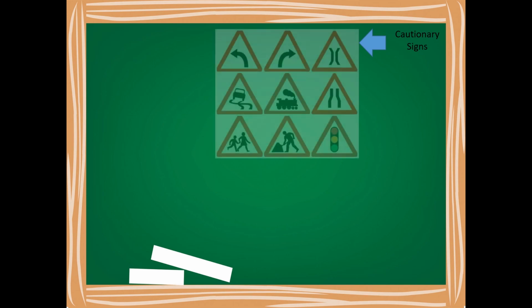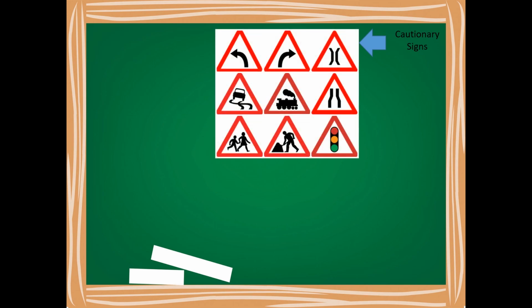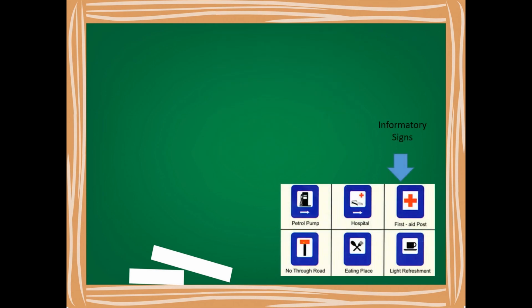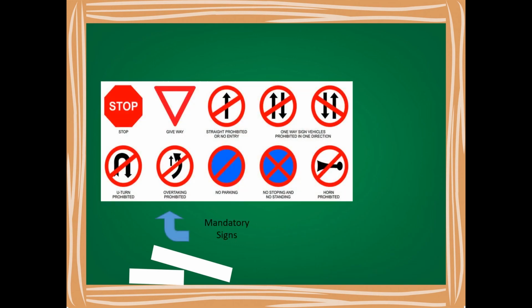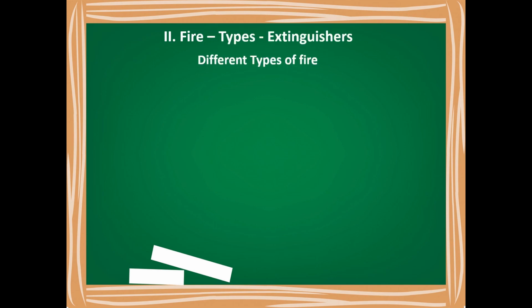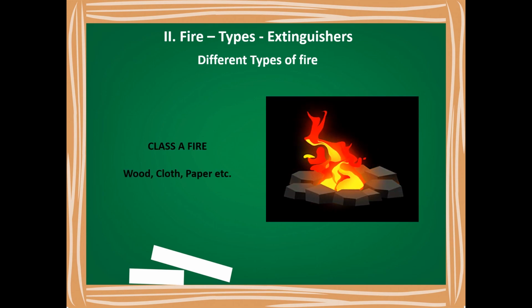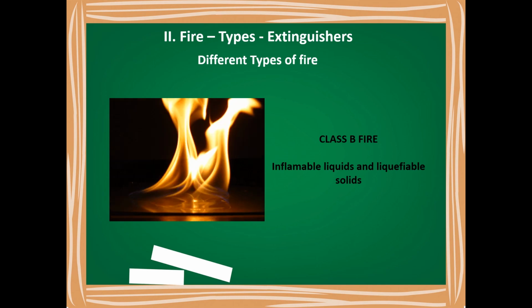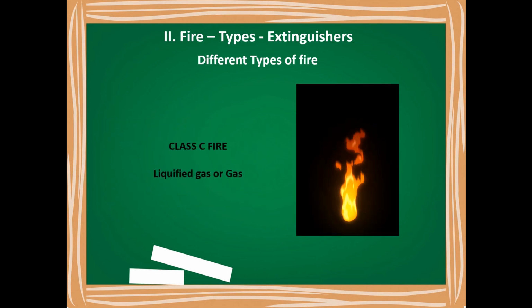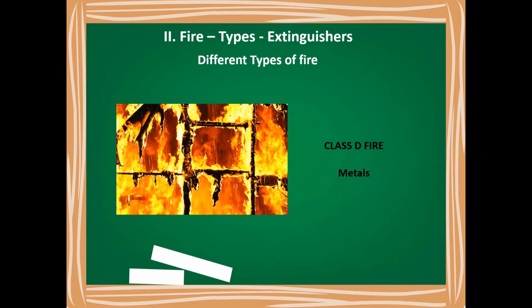The cautionary signs are: the informatory signs are: the mandatory signs are: Different types of fire: Class A fire, Class B fire, Class C fire, Class D fire.